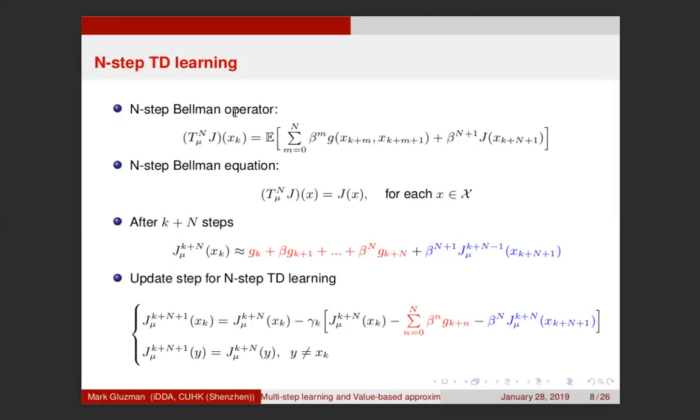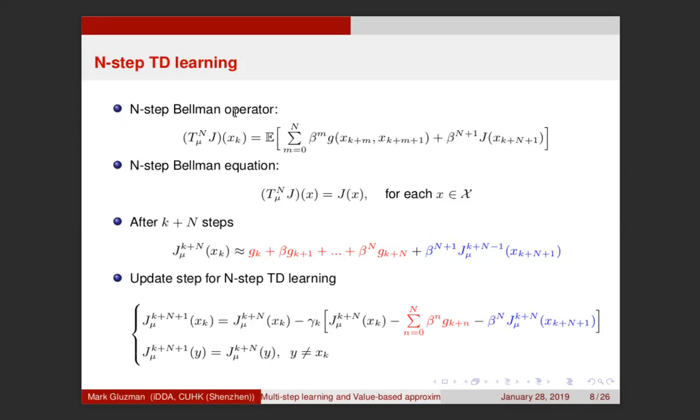So something in between is n-step TD learning. The idea of n-step TD learning is that, first of all, we define the n-step Bellman operator, which is the following one. From the n-step Bellman operator, we can define the Bellman equation. As you can see, the n-step Bellman equation should have the same fixed point, the same solution G mu, as the classic Bellman operator.